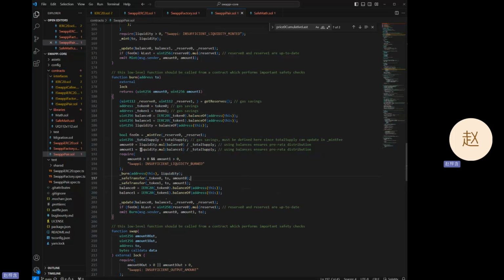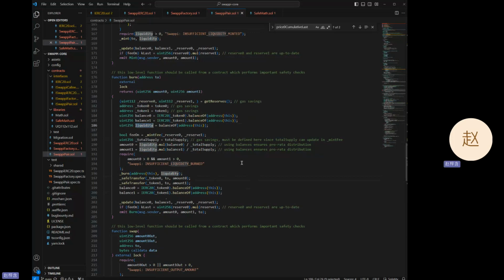and after that, there is something dangerous here, because before you run the burn, you need to send the tokens to the liquidity.